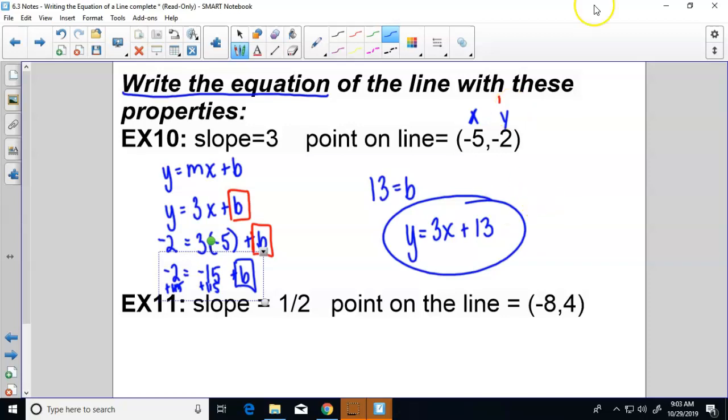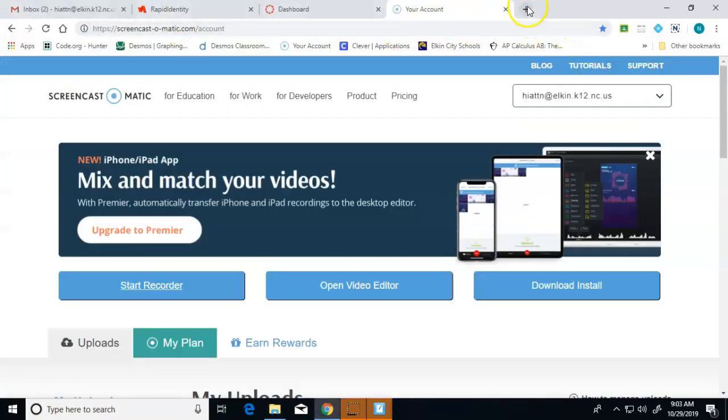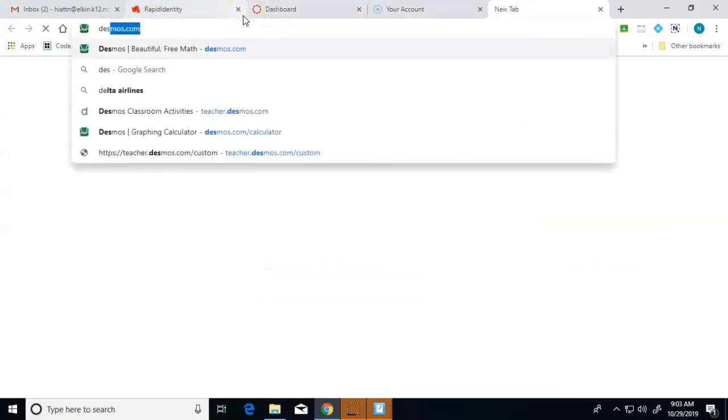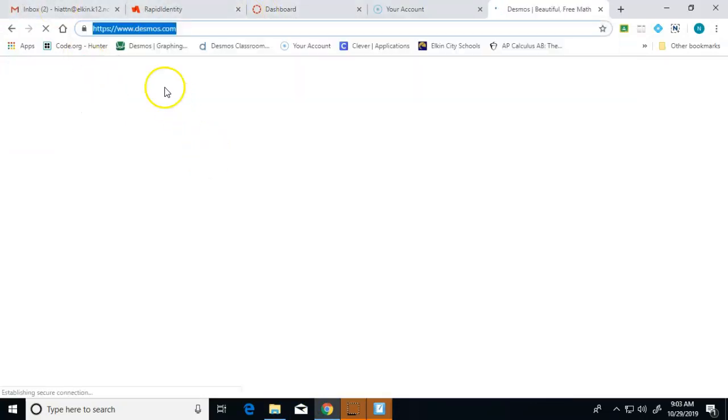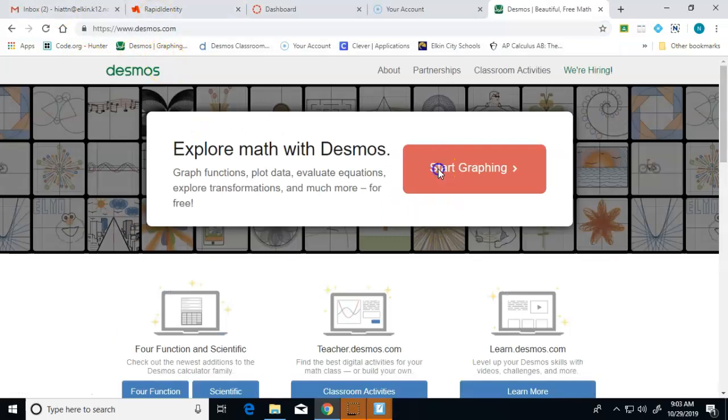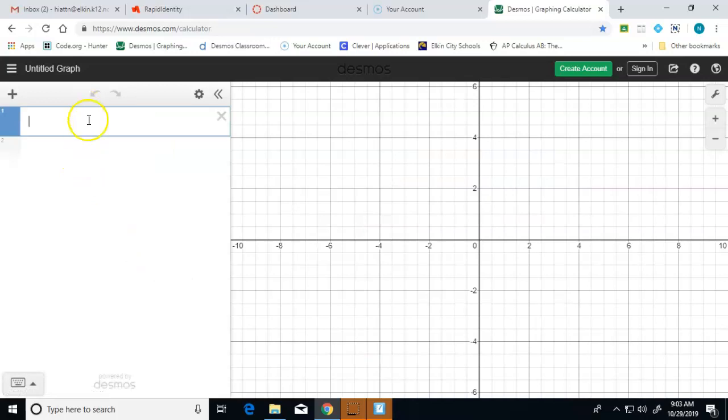Now, I'm going to pull up Desmos real quick just so we can see what that looks like. You will not have a calculator or Desmos on these, but I just want you to see what that looks like. So you've got negative 5, negative 2 as our point.